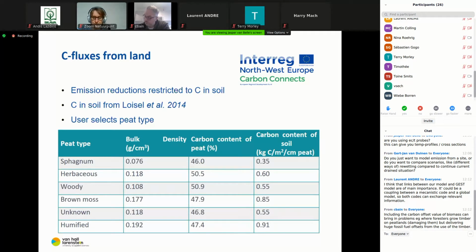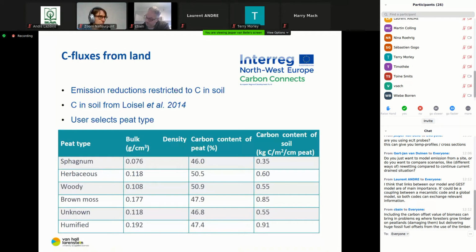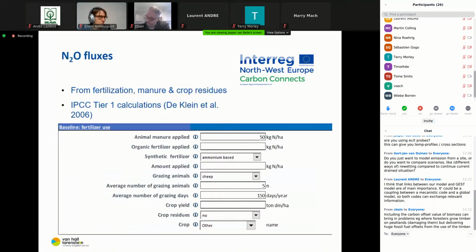Once the carbon stock is depleted in the baseline scenario, you can no longer claim emission reductions in carbon flux from the soil. N2O is not included as a flux from the soil, but only as resulting from fertilizer applications, manure, crop residues, etc.